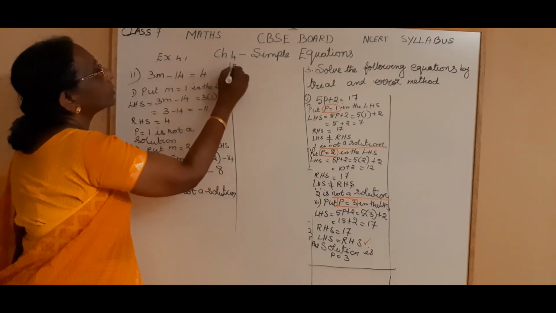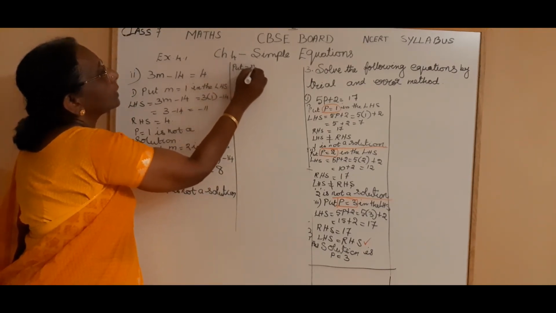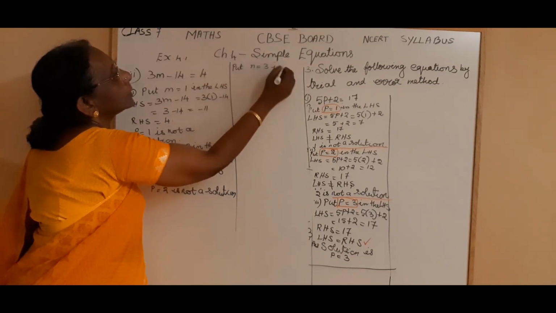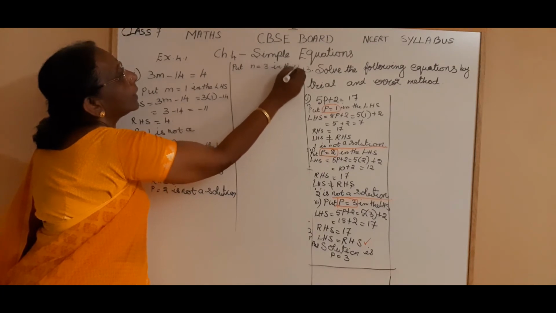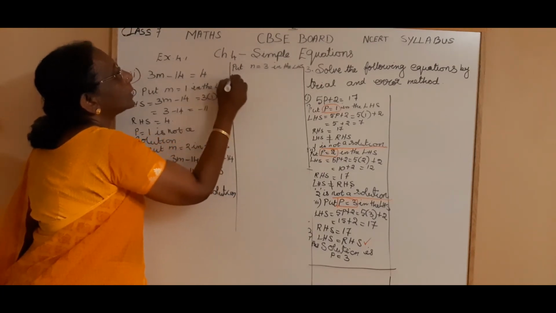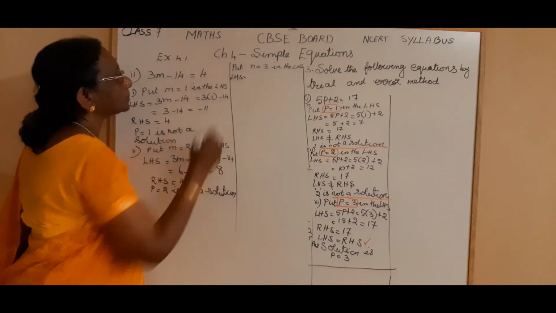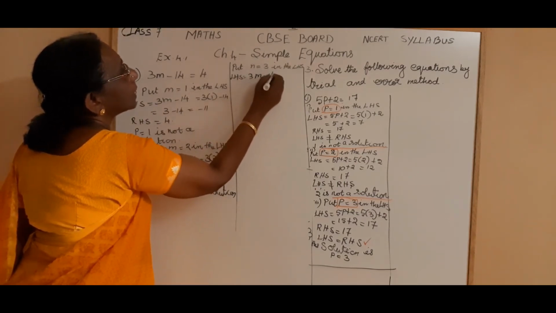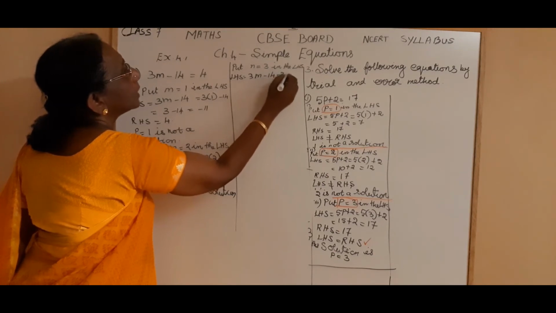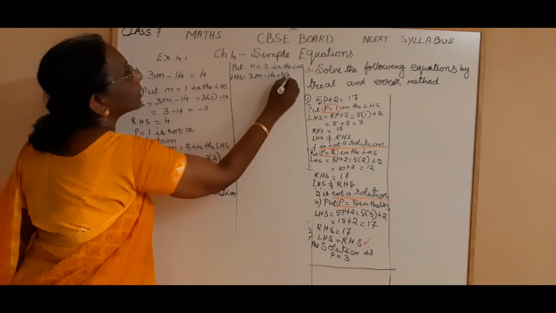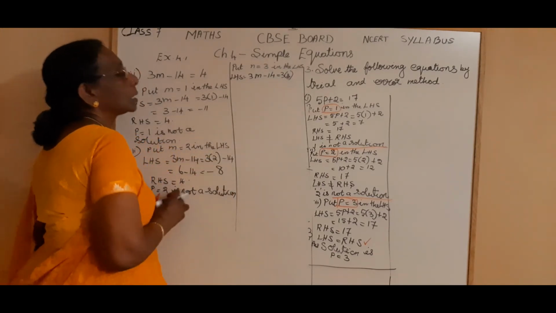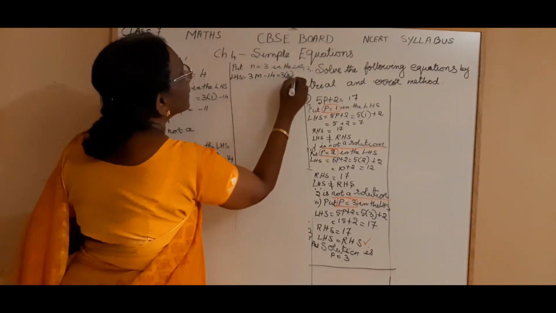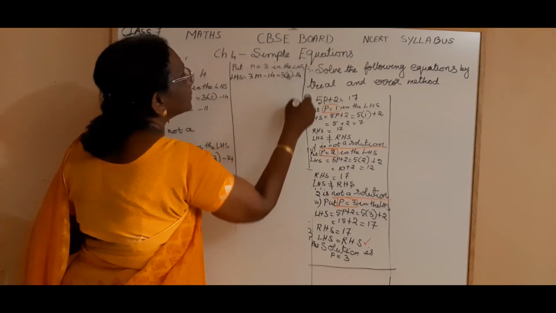Now, put m is equal to 3 in the LHS. So, what will happen to the LHS? 3m minus 14 is equal to 3 into 3 minus 14.